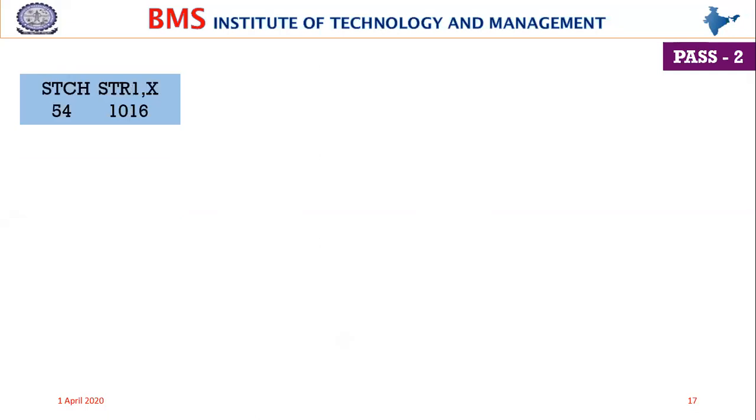Next instruction, which is an indexed addressing mode. Please observe STCH STR1,X. Now it is indicating that it's not a direct address, but an indexed address, wherein we are supposed to use the X bit as 1 in our instruction. So let's see what will happen.